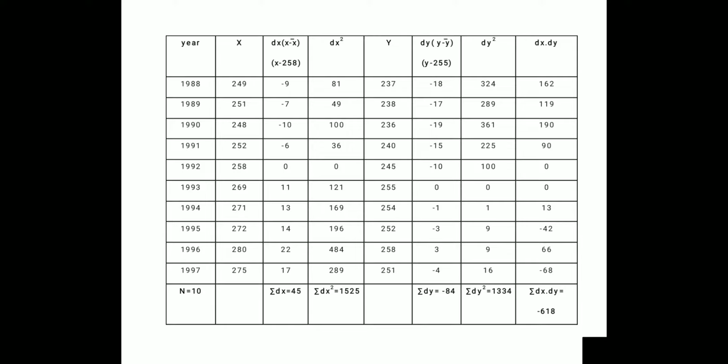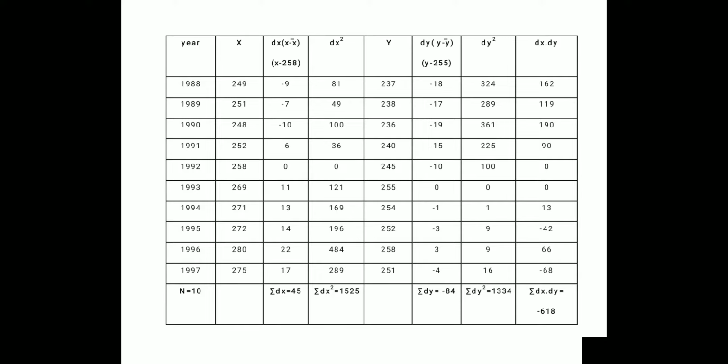So let us look into the table of the calculation of correlation. As I said, the table formation and the columns are the same as in the previous actual mean problem. In the X and Y columns, we will be entering the given values of the problem.